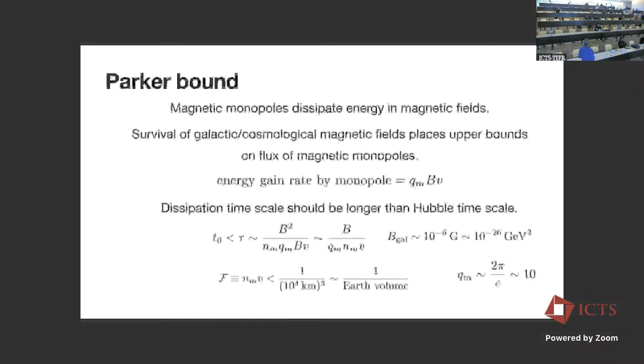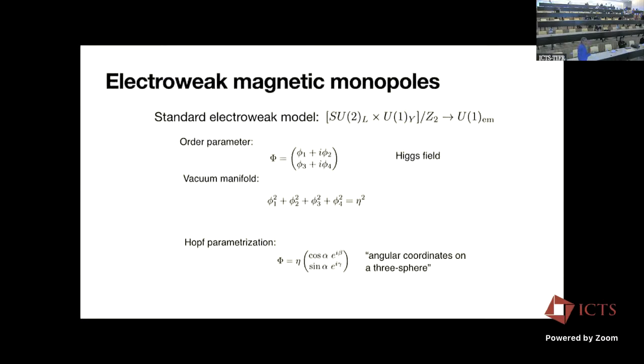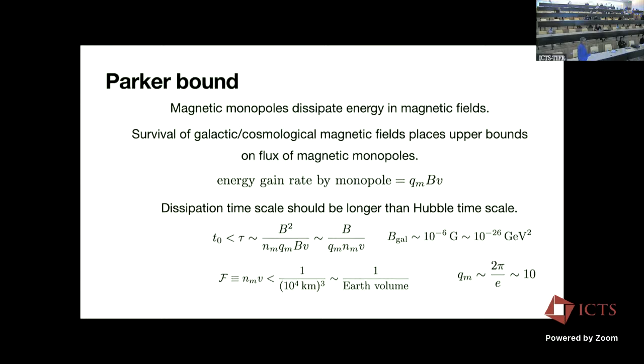No, it's in a magnetic field, so it should be accelerating, right? Yeah, ideally you should calculate it. You should do a more careful job. Here V was just some order 1 factor. In fact, in this language, I have kept V as V. So this is called the flux of the monopoles. It's really a constraint on the flux and not on the number density.